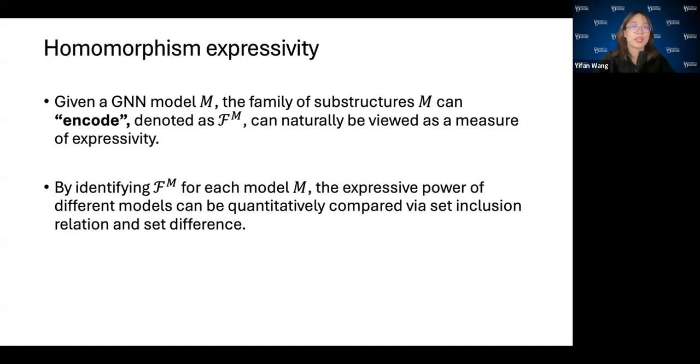By identifying F_M for each model, the expressive power of different models can be quantitatively compared using set inclusion and set difference. This framework allows us to systematically compare the expressiveness among different graph neural networks, and this can be quantified by examining which substructures they can count.